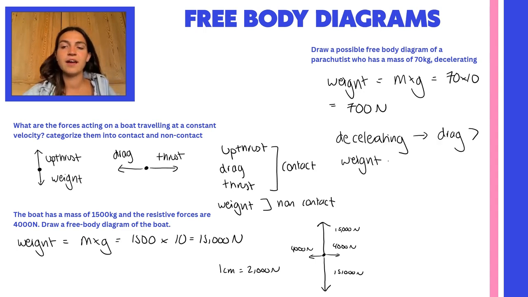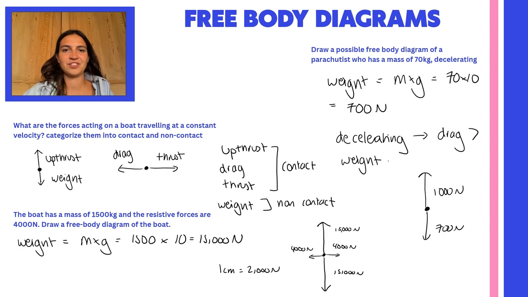And then we need to think about the fact that if this person is decelerating, then their upwards drag on them needs to be larger than the downwards force due to their weight.